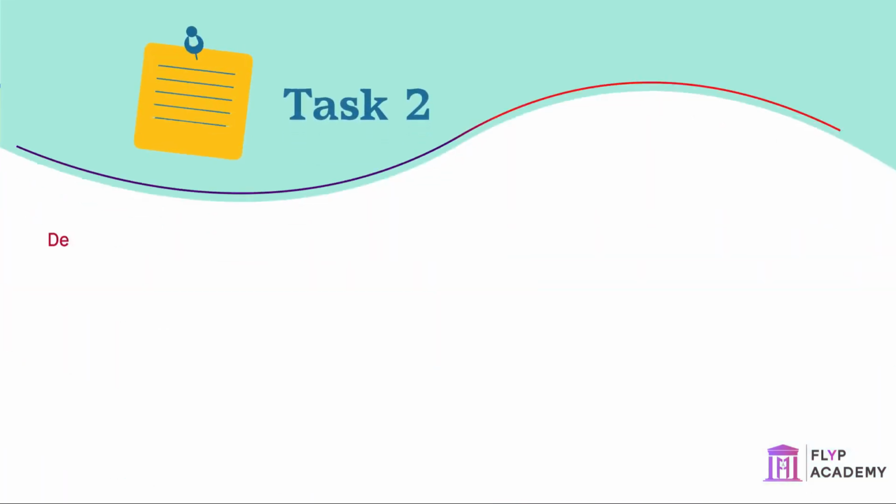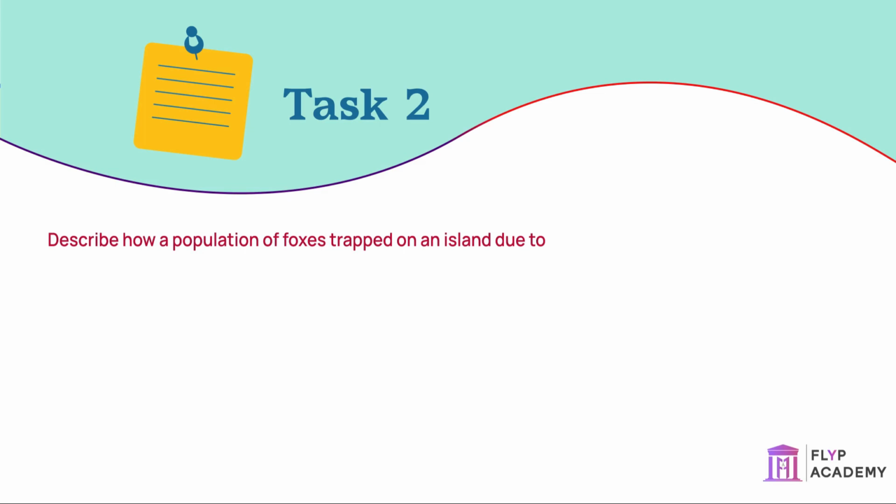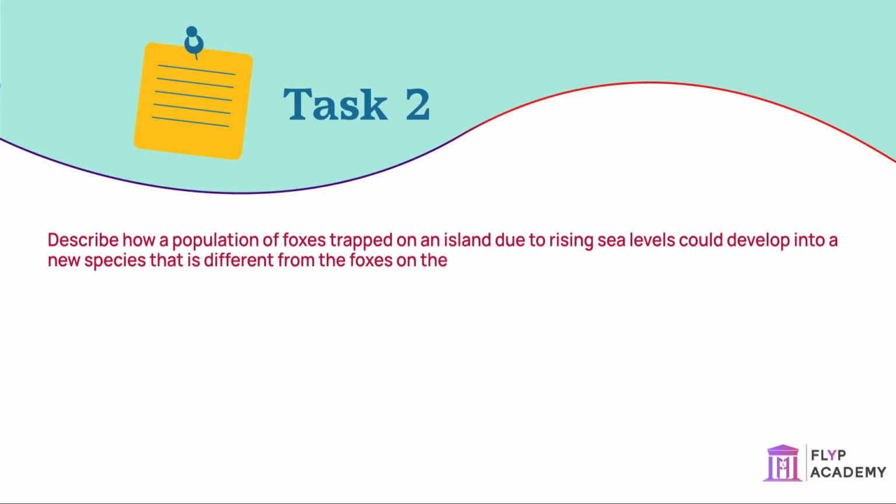Task: describe how a population of foxes trapped on an island due to rising sea levels could develop into a new species that is different from the foxes on the mainland. The two ancestral populations of fox are separated by the sea. Due to genetic variation within the species and the different environments, the favourable characteristics may be different for each area.